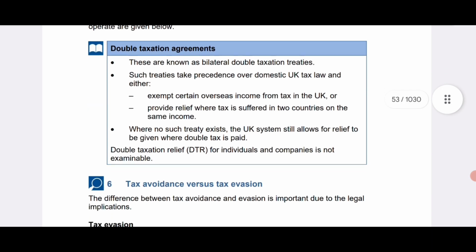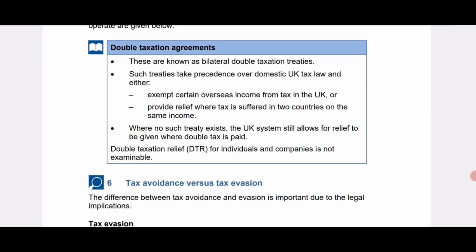Double taxation agreement. Double taxation is taxation which is charged twice. Some countries have signed treaty agreements. For example, if an American is working anywhere in the world, he has to pay tax on his earnings. If he earns from Dubai or any part of the world, he will pay tax to the Dubai government, and back home he will also pay tax.